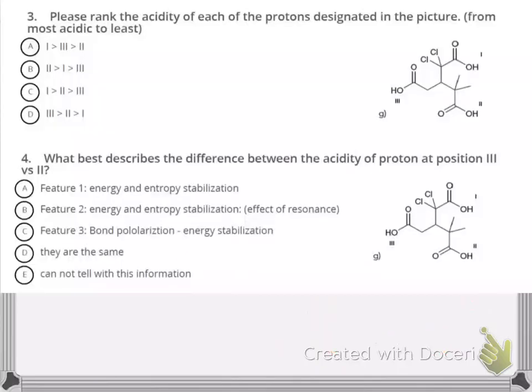Okay, next question, new molecule, and it asks again to rank the acidity of the different protons, so let's do that. What we're going to do is look at the different conjugate bases that are going to be made. So group 1 is going to look like this, has 2 chlorine withdrawing groups.